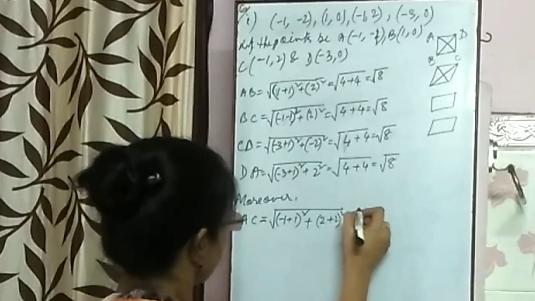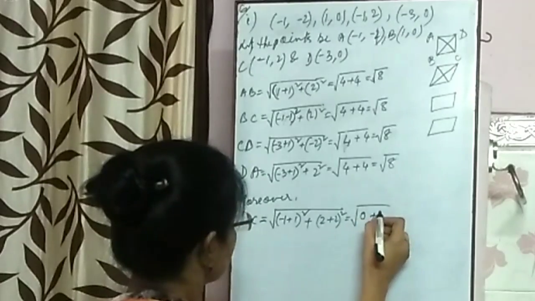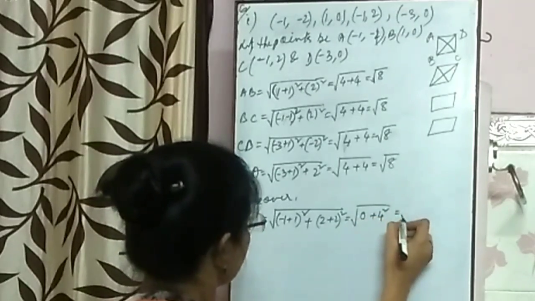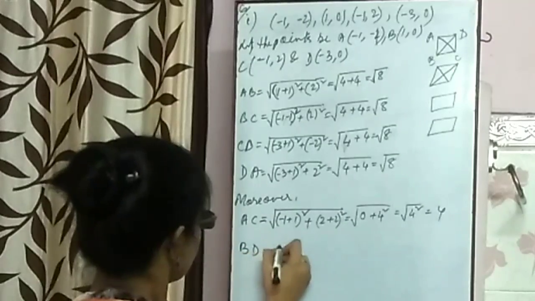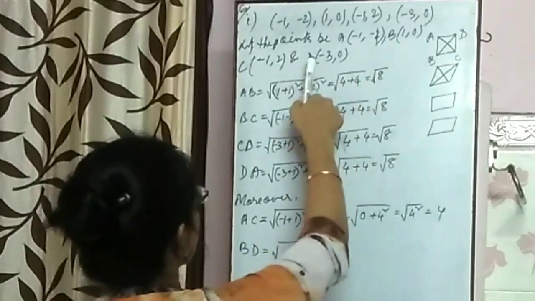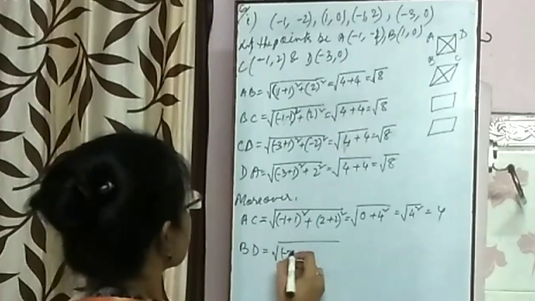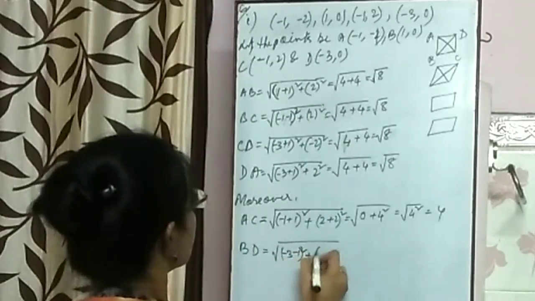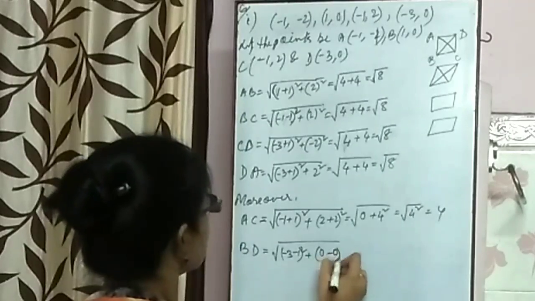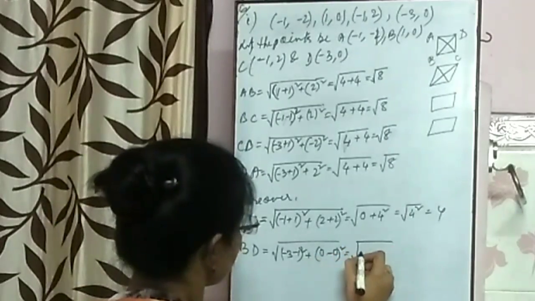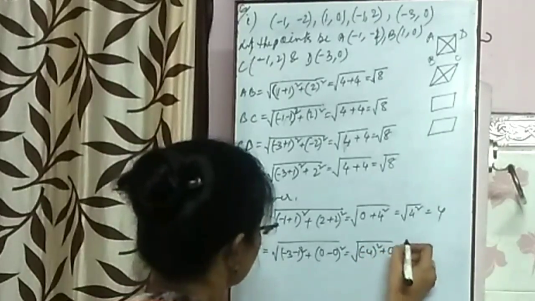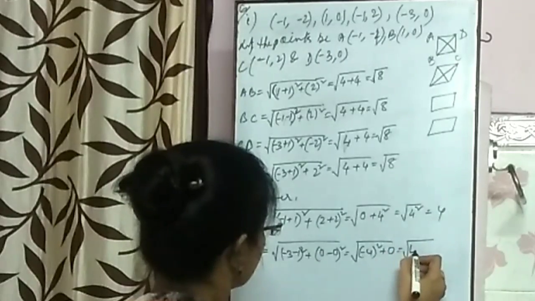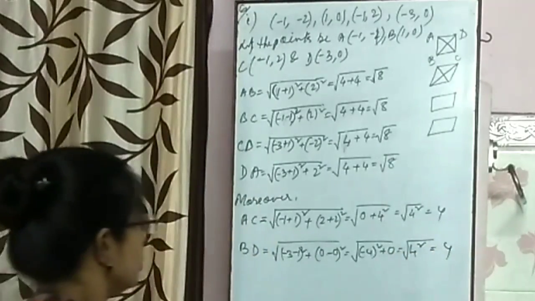So here it is 0 plus 4 square, so 4. BD, you find BD: minus 3 minus 1, then 0 minus 0. So here it is minus 4 square plus 0, so it is 4.